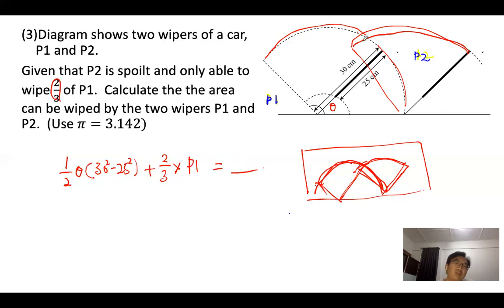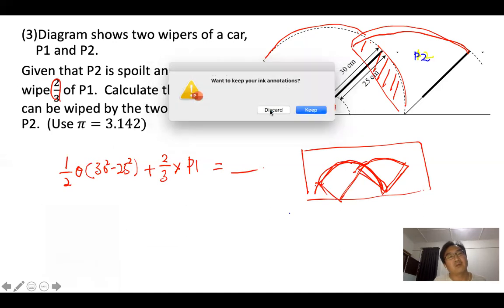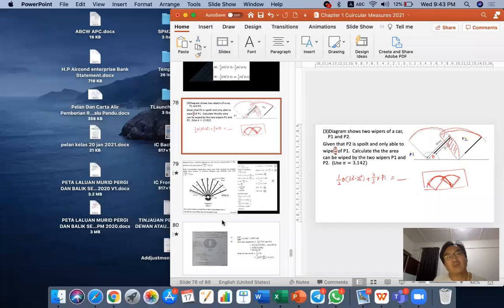So you have to minus the area of overlap covered by both wipers. Anyway, the information given is not enough. But the solution is roughly like this. Okay, all right. So this is one of the mock exam questions.